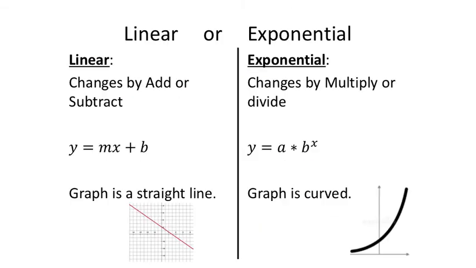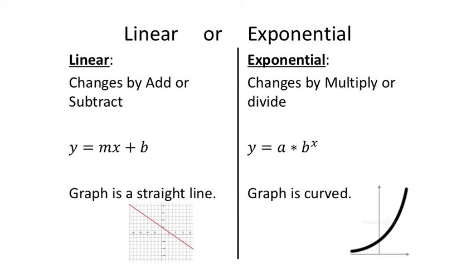You've seen this slide before. We're not looking at graphs right now, but they're going to give us word problems again, and they just want us to be able to tell if we're looking at something linear or exponential. So we're not so worried about the equations or the graphs on this one. What we're concerned about is the changes. Are you changing by addition or subtraction repeatedly? Because if that's the case, then it's linear.